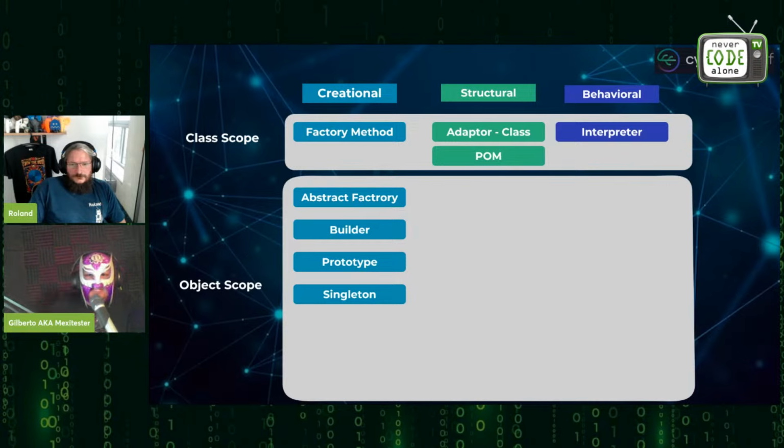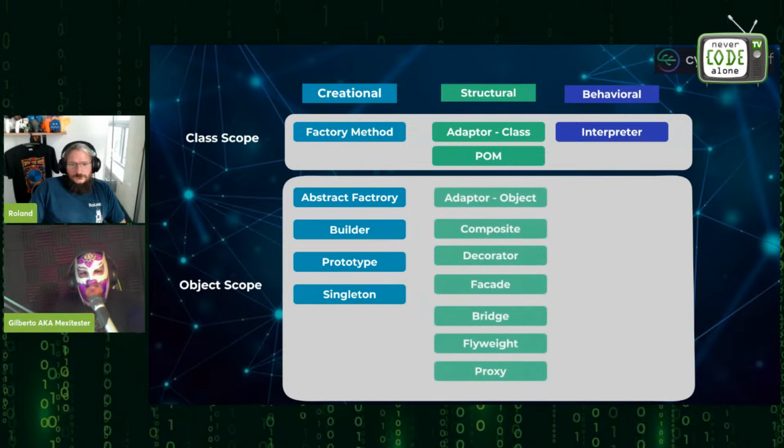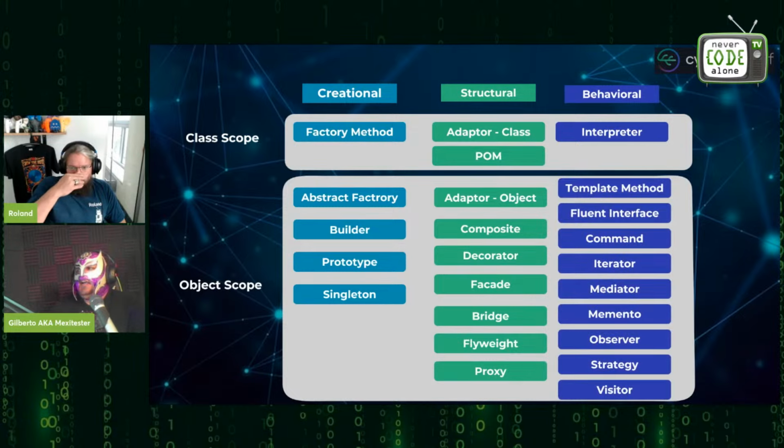In the structural, we have another big number: adapter, but at object level, composite, decorator, facade, bridge, flyweight, proxy, and behavioral. We have template method, fluent interface, command, iterator, mediator, memento, observer, strategy, and visitor.